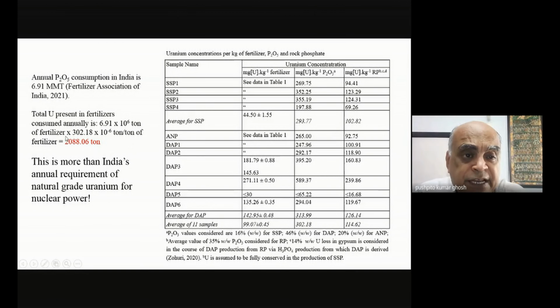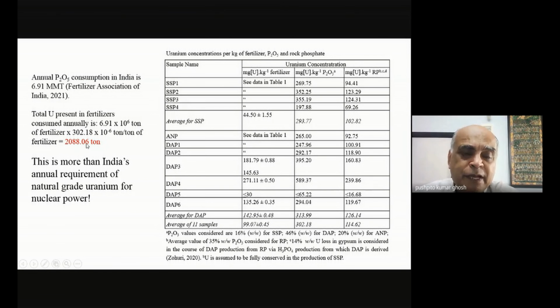This is substantially more than India's total requirement for its nuclear power plants. And not just the ones that are operating now. There are about 7 plants under construction. So when they are also completed, the amount of uranium that we will require in total, this amount is actually higher than that.